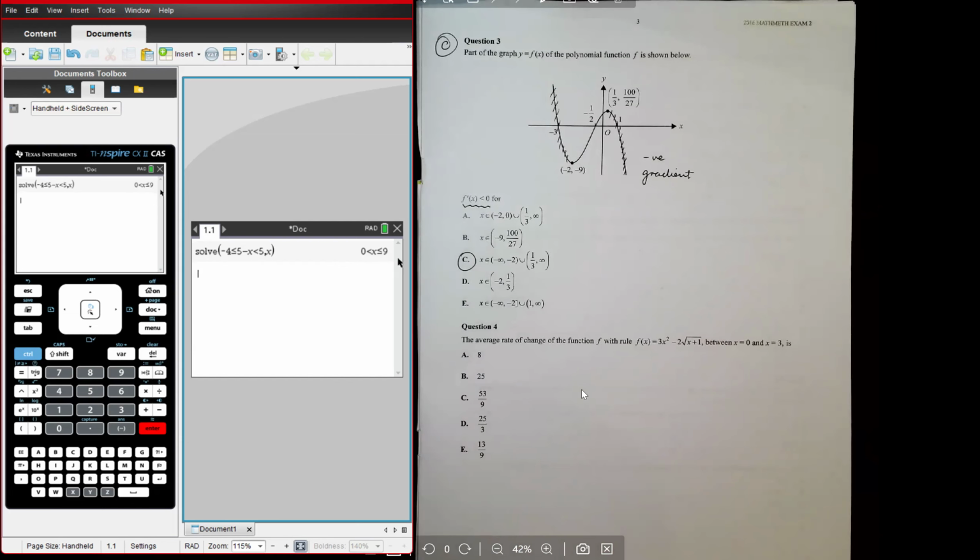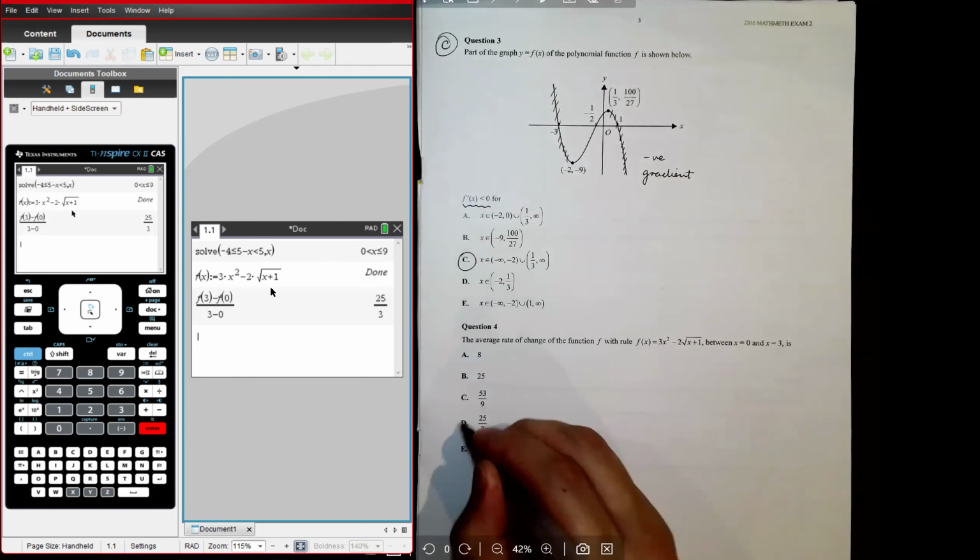Question for the average rate of change of the function with this root between 0 and 3 is given by an expression. So you might want to use, let's say, f of x is assigned to 3x squared minus 2 square root of x plus 1. And type out a fraction, f of 3, take away f of 0 divided by 3 minus 0. So you get a 25 over 3.